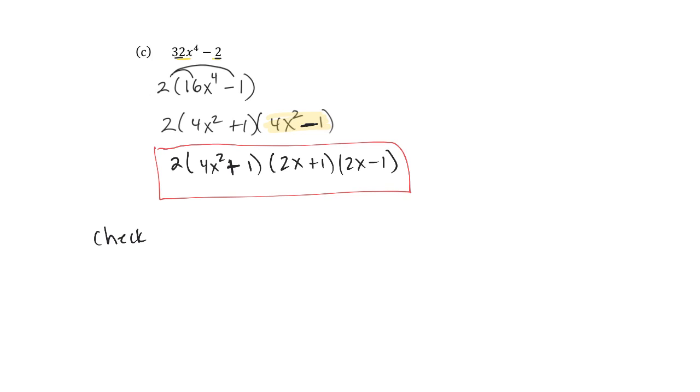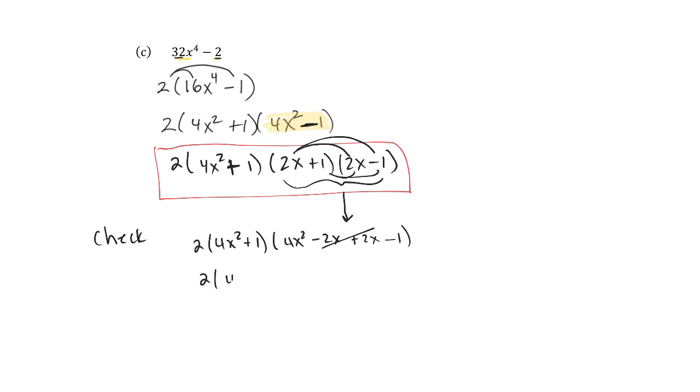Let me just show you how I would check this. I would actually start with this section right in here, factor that, copy everything else down. So 2x times 2x would be 4x squared minus 2x plus 2x and then minus 1. So these terms would cancel out. That would be 4x squared minus 1.